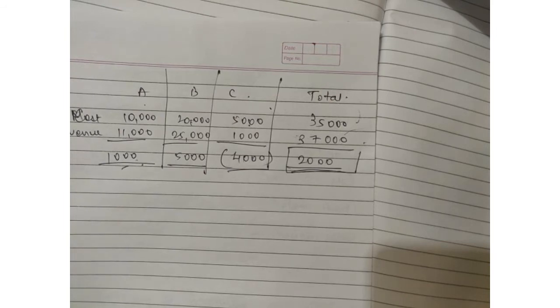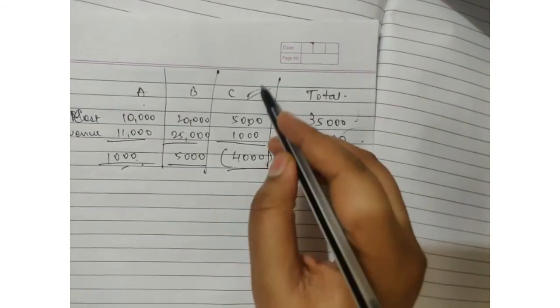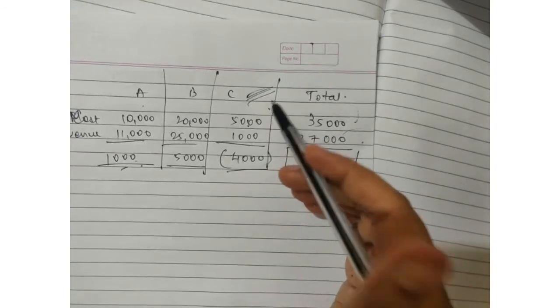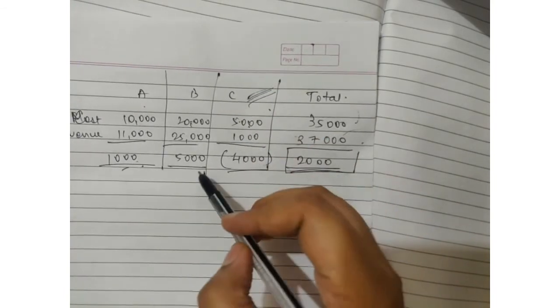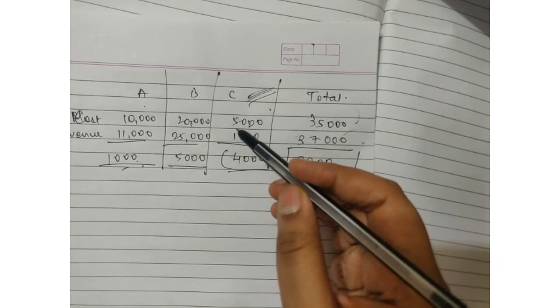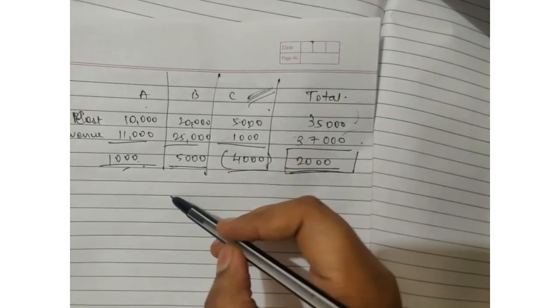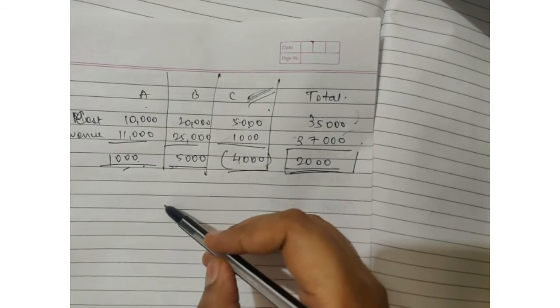It is mostly used by the internal management in decision making. It helps the management to decide, say, okay, C is not working very properly, so we might discontinue it. The market is not accepting this product. This kind of decision can only be made on the data provided by cost accounting.